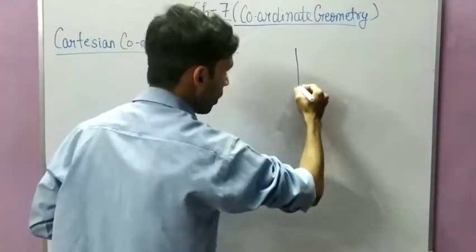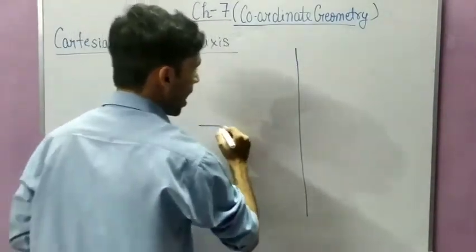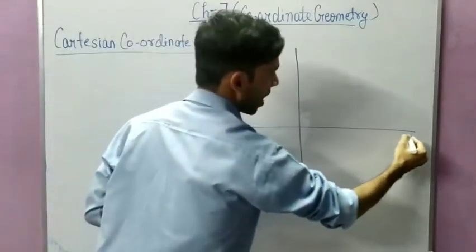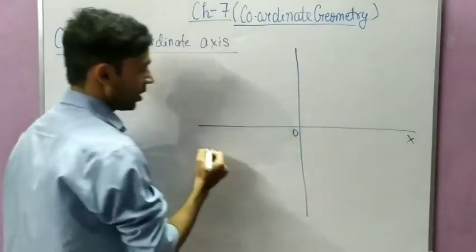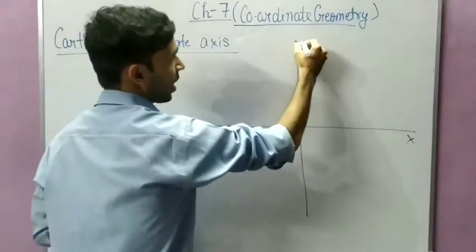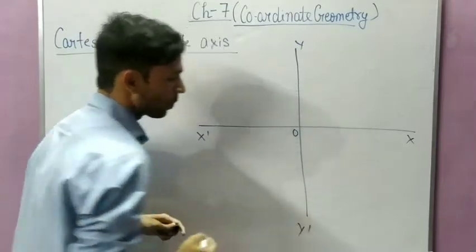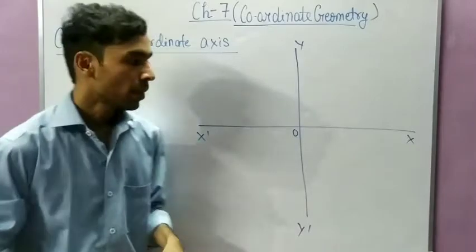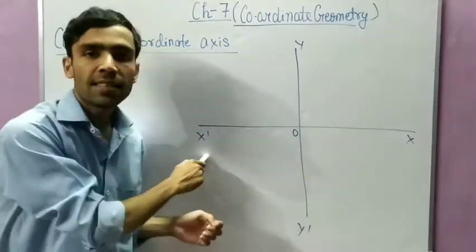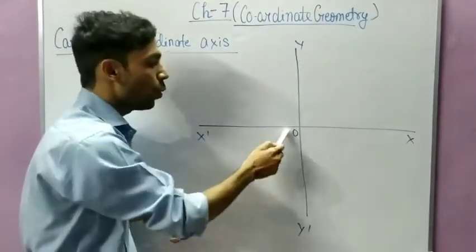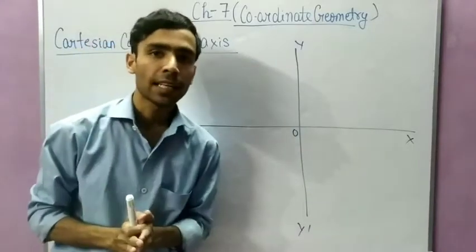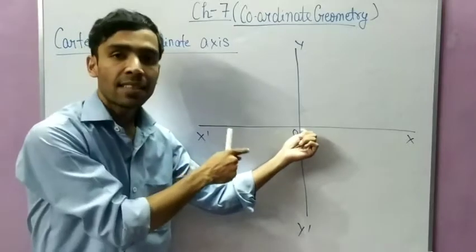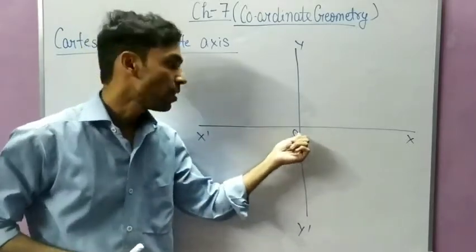I am going to draw the x-axis and y-axis together. Suppose it is X, it is O, it is X dash, it is Y, O, Y dash. By seeing this we can say X O X dash is our x-axis and Y O Y dash is our y-axis, and the point where the x-axis and y-axis meet is known as the origin.